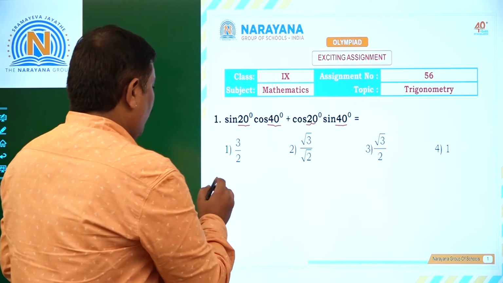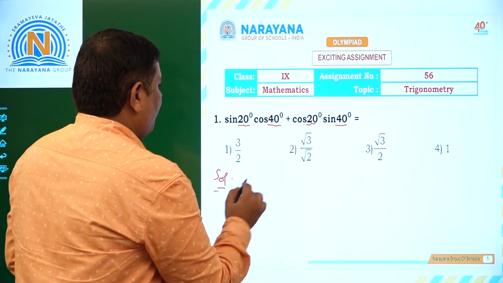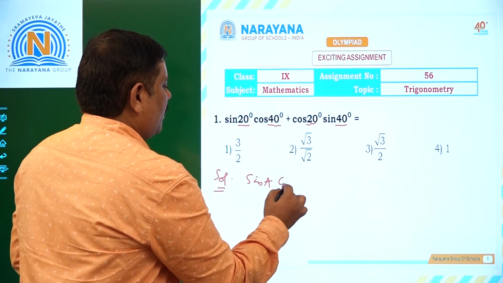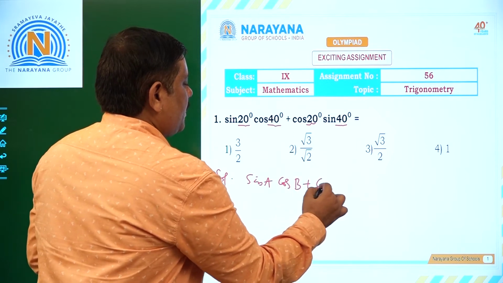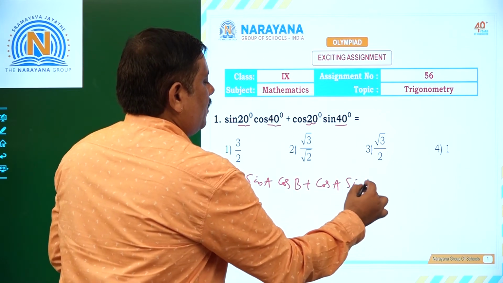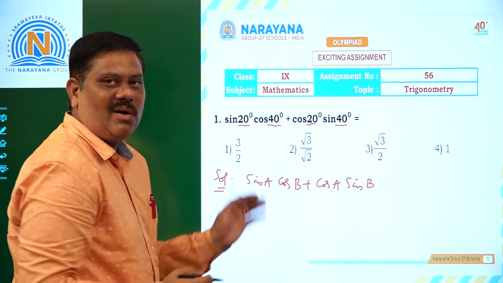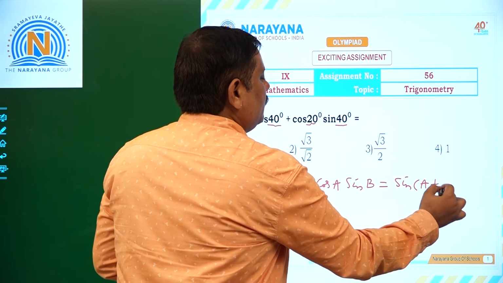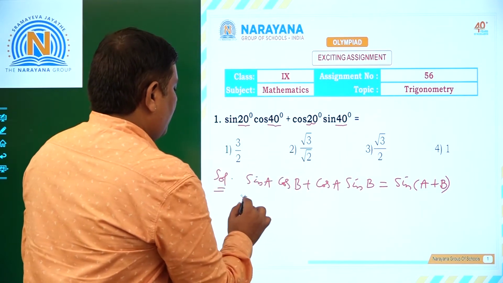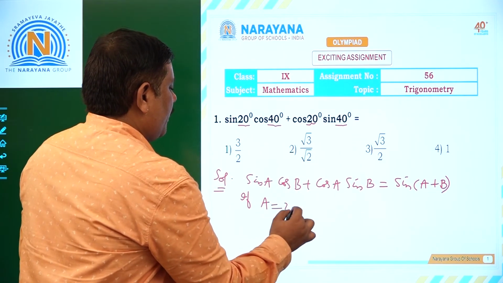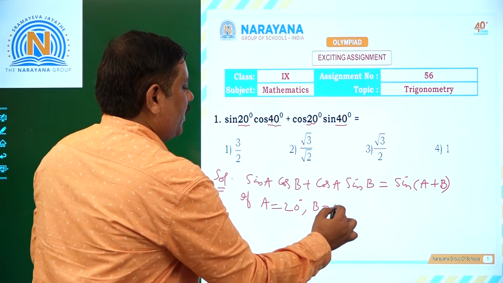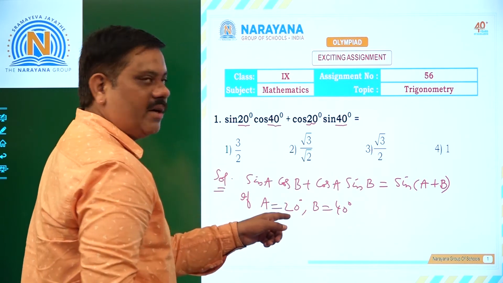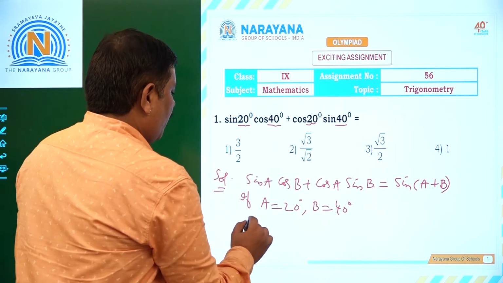What is the formula we are going to use? We have sin A cos B plus cos A sin B as sin of A plus B. If you take A is equal to 20 degrees, B is equal to 40 degrees, what do you have?